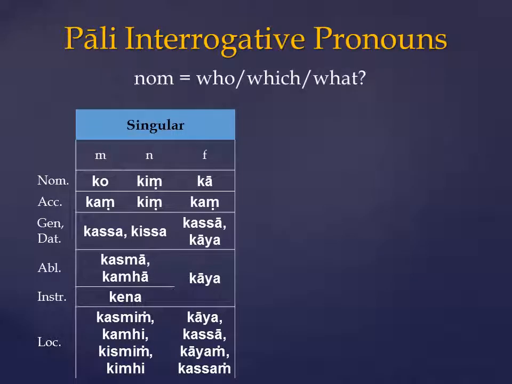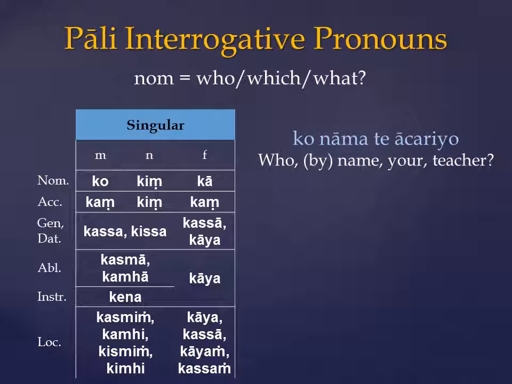As we know, the nominative case is used for the subject of the verb, which in English would be who, which, or what. In the Pali sentence, ko nama te acharyo, we can see that both ko and acharyo are in the nominative case.